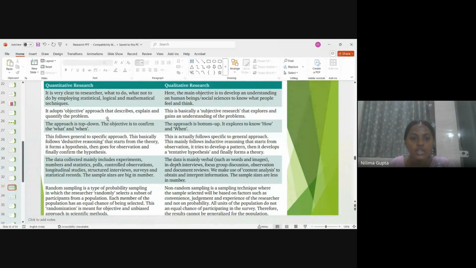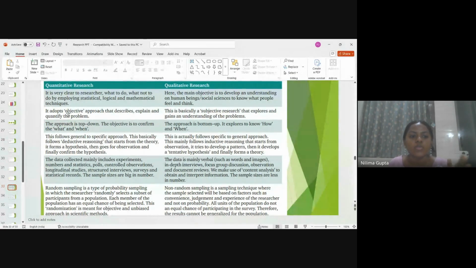Okay. So again, you will see whatever we have studied in the previous two slides, it is more or less the same thing here. So quantitative, very clear to researcher what to do, what not to do by employing certain statistical, logical, and mathematical techniques. Qualitative, main object is to understand human beings and the social science and know what people know and think.